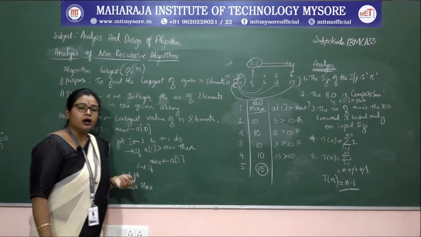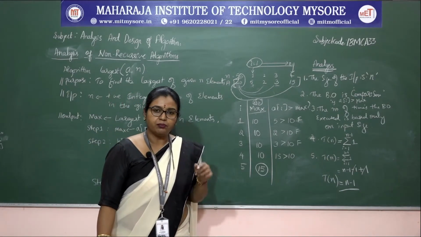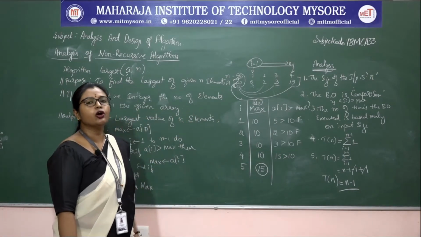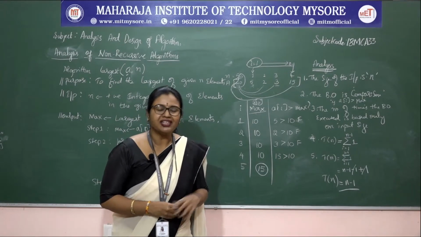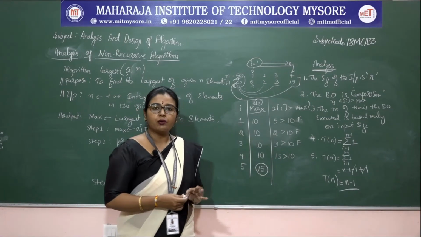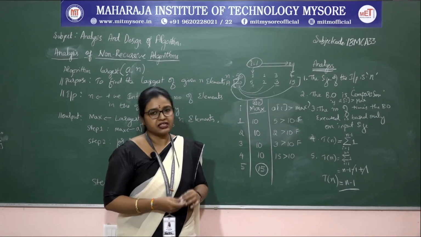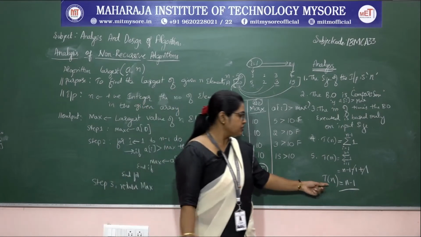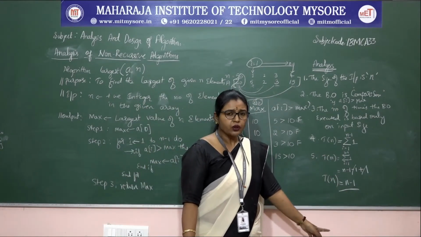If you are calculating time efficiency based on step count, then you need to count this one also. But here we are not calculating time efficiency in terms of step count. Instead, we are performing it based on the input and the number of times the basic operation is executed. Because of that, its time efficiency is T of n equals n minus 1 times.